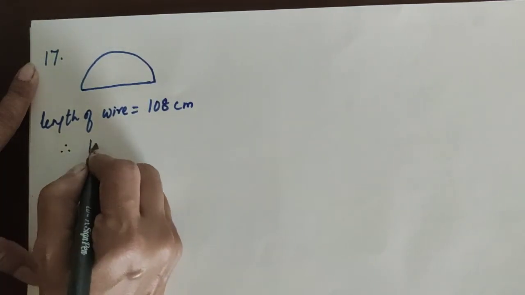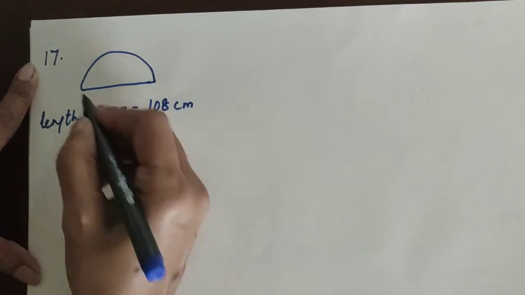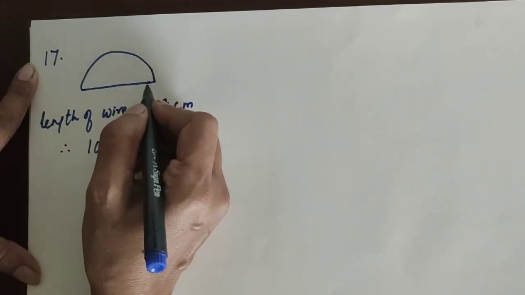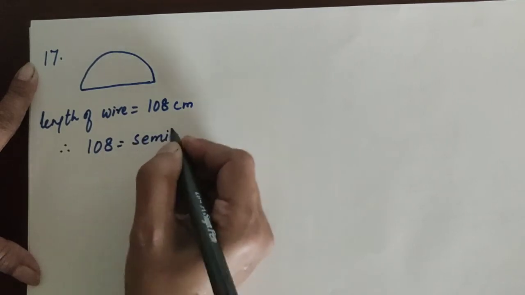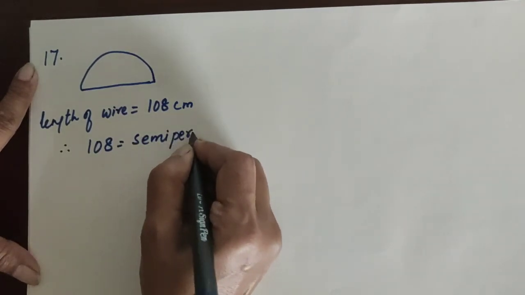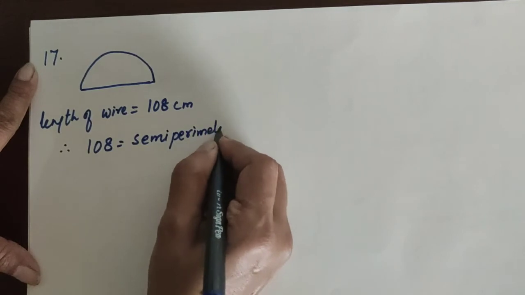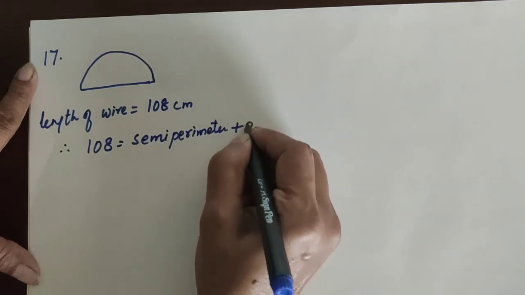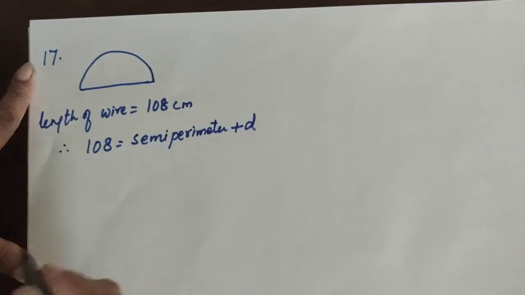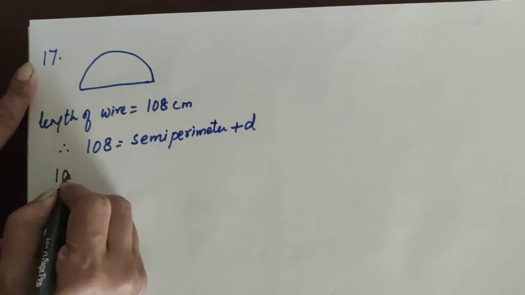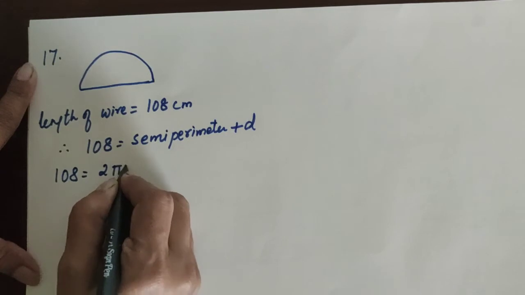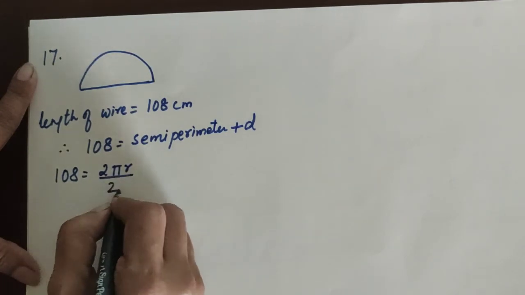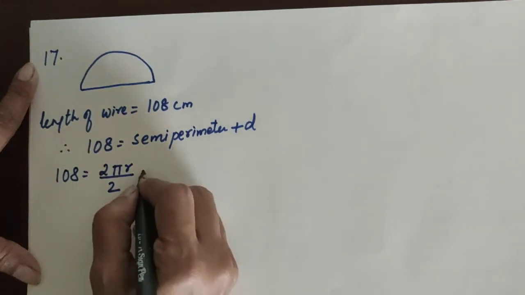This means 108 is equal to the semi-perimeter of the circle, because perimeter is the circumference, and semi-perimeter is half of that, plus the diameter. So 108 is equal to circumference, 2 pi r, divided by 2, plus the diameter d.